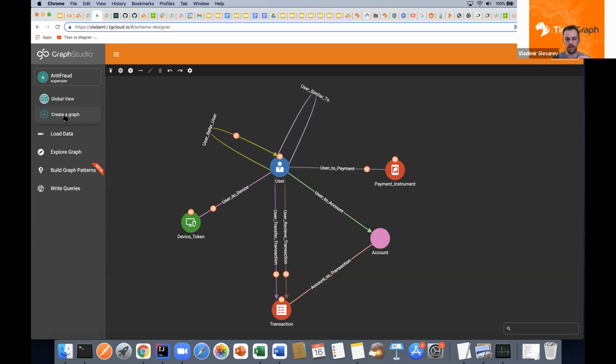TigerGraph doesn't work that way. You deploy a single graph that houses all of your data, and then you can slice and dice that data logically. But at the same time, the queries that you're running are not just limited to that small subgraph. They are running against the entirety of your data. So I hope that answers your question.